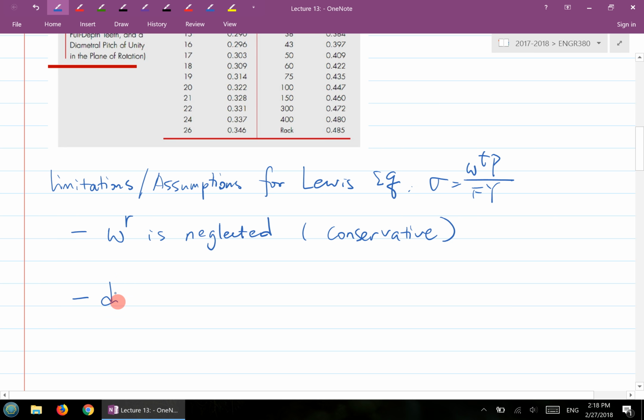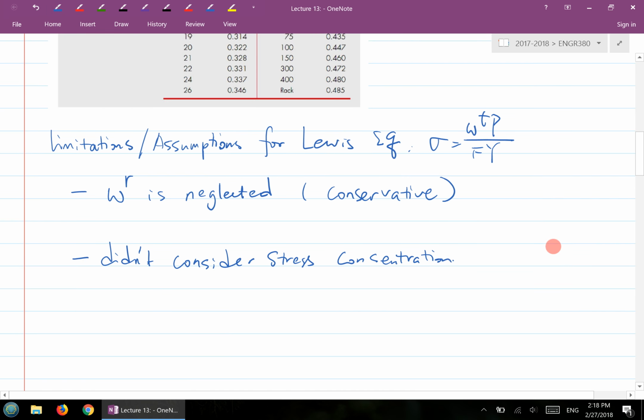Another limitation is that the Lewis equation didn't consider stress concentration. As a matter of fact, at the time of the Lewis equation, the stress concentration concept had not been considered yet, because it's a brand new concept.